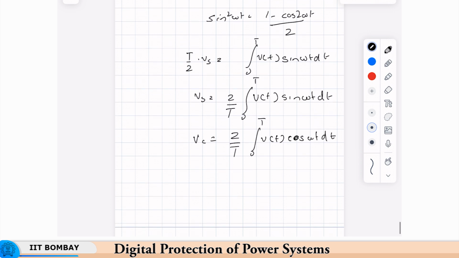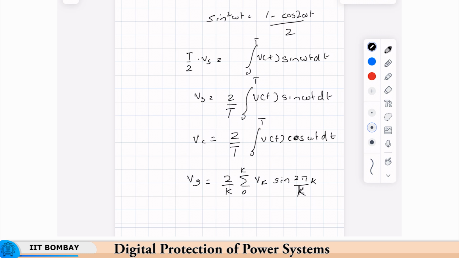So, if you discretize this, you can do it for yourself and see, you can do this by the trapezoidal rule of integration: sum from 0 to K of Vk sin of 2 pi k over N, and whatever this index is. Since I have taken it as small k, this is small k, this is large K. K is the number of samples, or if you take it as N, then the number of samples per cycle.